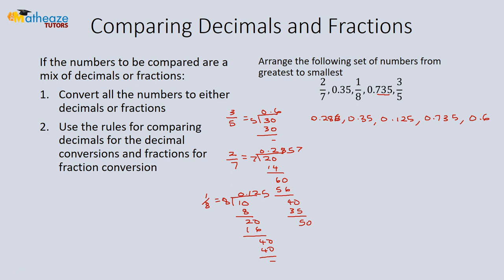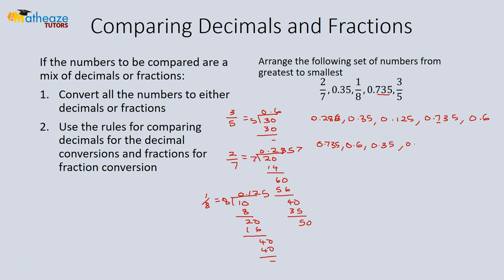Now we want to find the greatest. All of them start with a 0, so we can ignore that. Now we look at the first digit after the decimal point. That's going to give us 7. So we start off with 0.735. The next one is 0.6 because that's the next greatest digit in the 10th place. The next one is 0.35.